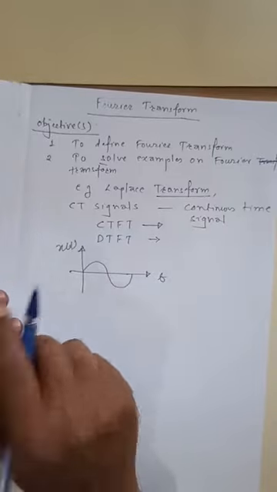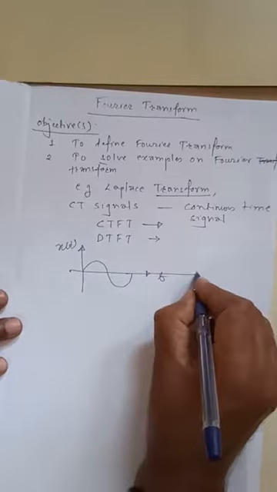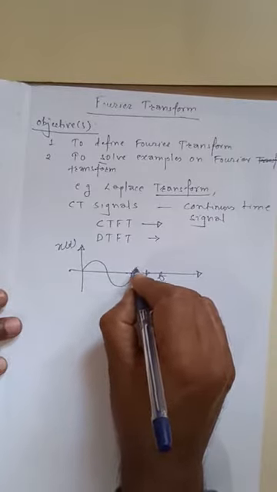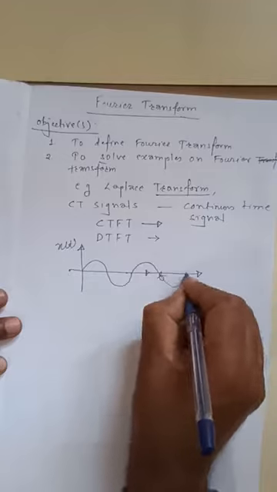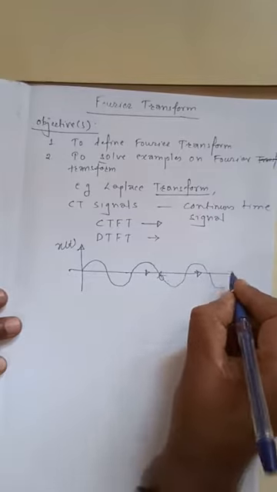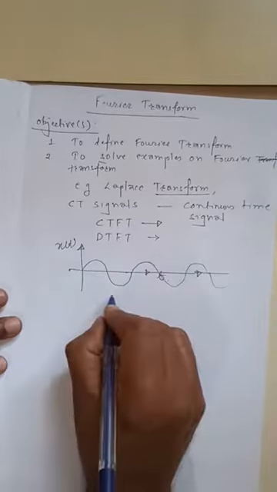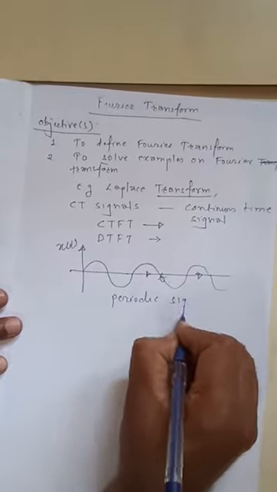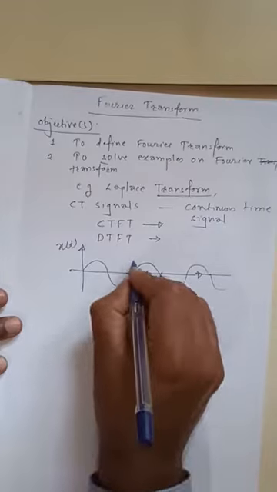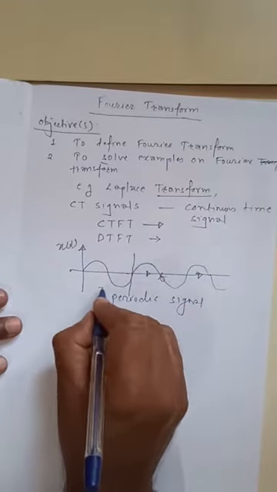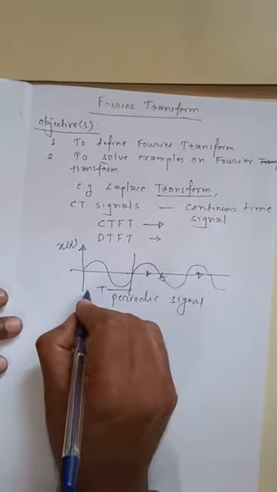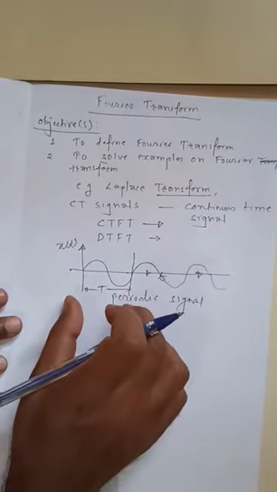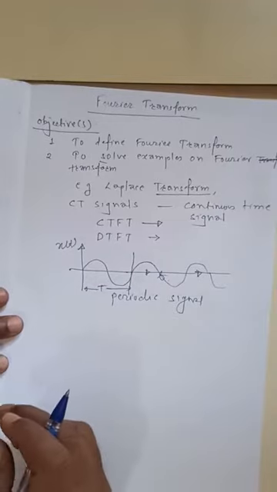After one period, that is time T, the period of this waveform is T. So it is repeating after a fixed time period T. This is called a periodic signal.